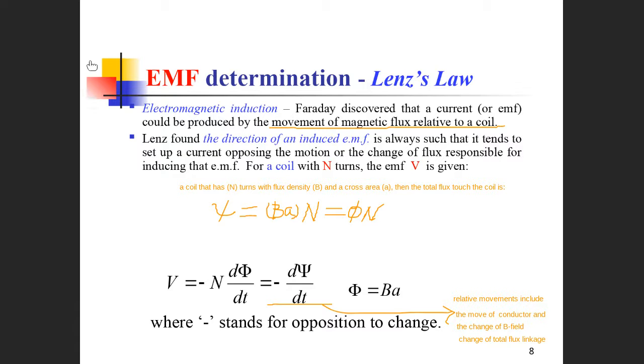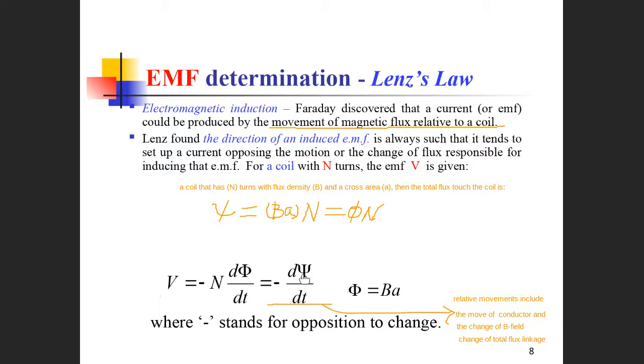Further explanation on this one. Relative movement includes the move of the conductors and the change of the magnetic field. If the conductors do not move and the magnetic field is changing, that's okay. In any way, if the change of the total flux linkage, big phi, changes with time, then you have an electromotive force generated here.